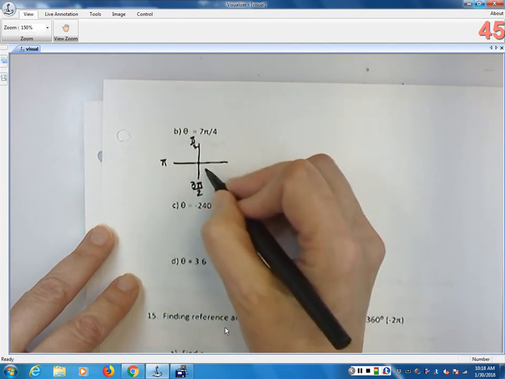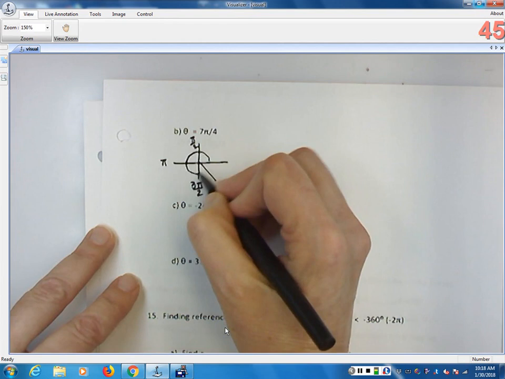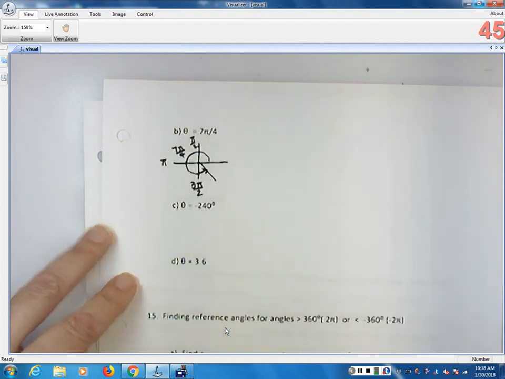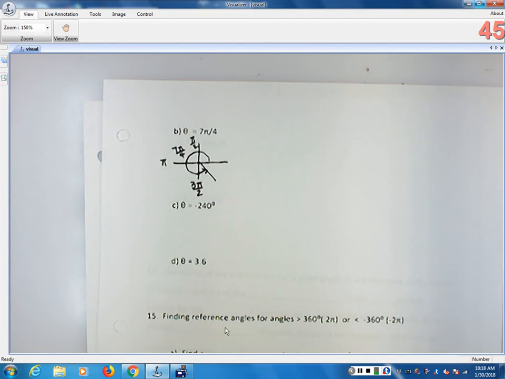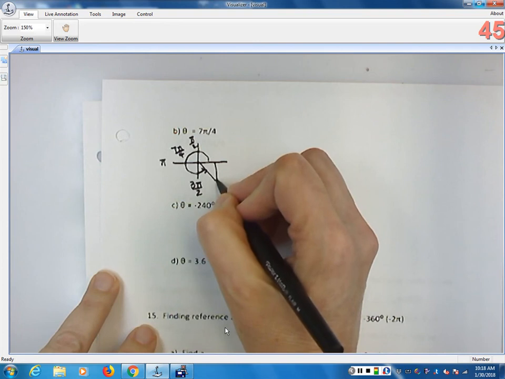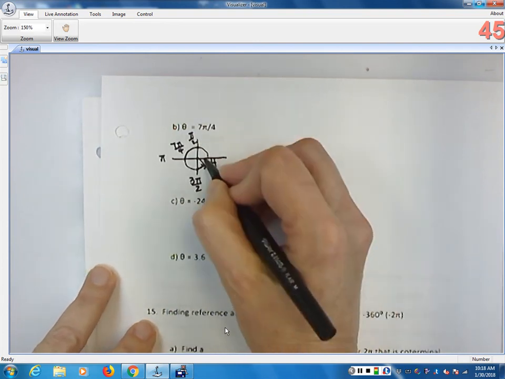7 pi over 4, this is a little harder. It is there. We need to draw a reference triangle against the x-axis. This will be our theta prime.